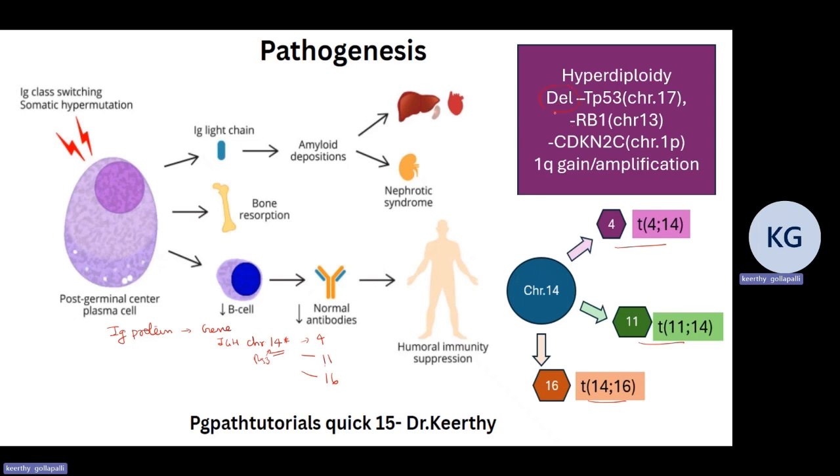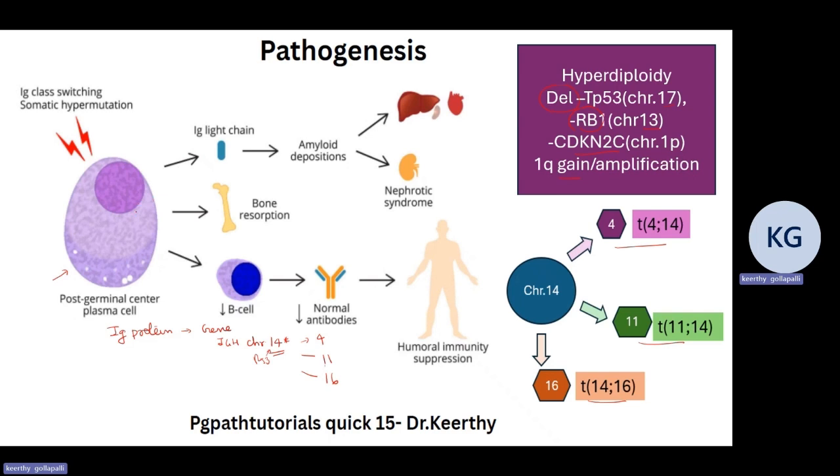So there will be a deletion of your P53, deletion of your retinoblastoma gene, which is located on chromosome number 13. P53 is on chromosome number 17. And CDKN2C deletion and amplification of 1q gain. So all this will happen. That will give the additional advantage to this plasma cells to divide uncontrollably and excessively.